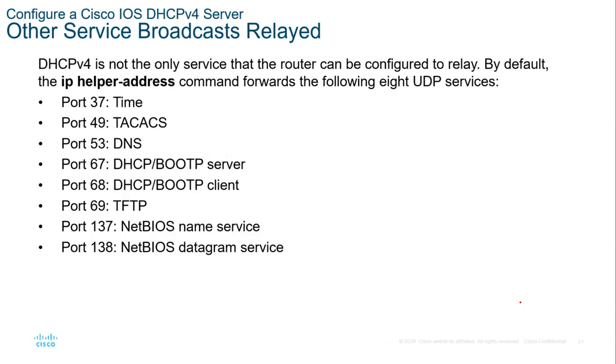Then the other services whose broadcasts are relayed are here. That IP helper address can actually be used on the router to locate the time service on a different network, TACACS, DNS, DHCP boot server, DHCP boot client, TFTP, NetBIOS name service, and NetBIOS datagram.